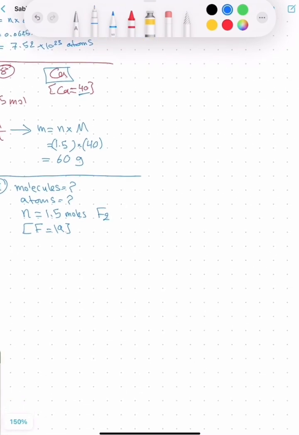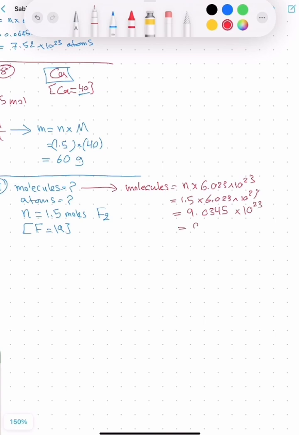So how do you calculate number of molecules? As you know, molecules are equal to number of moles times Avogadro number. Easy. We have number of moles, they're ready. So 1.5 times Avogadro number, just 9.0345 times 10 to the power of 23, or 9 times 10 to the power of 23 molecules, if you round it.